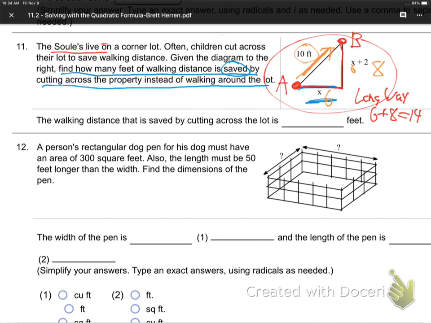So this way is 10. This way 6 plus 8, 14. So 14 versus 10. How many feet are saved? 10 versus 14. 4 feet are saved. The walking distance that is saved by cutting across the lot is 4 feet, right? You save 4 feet if you go direct.